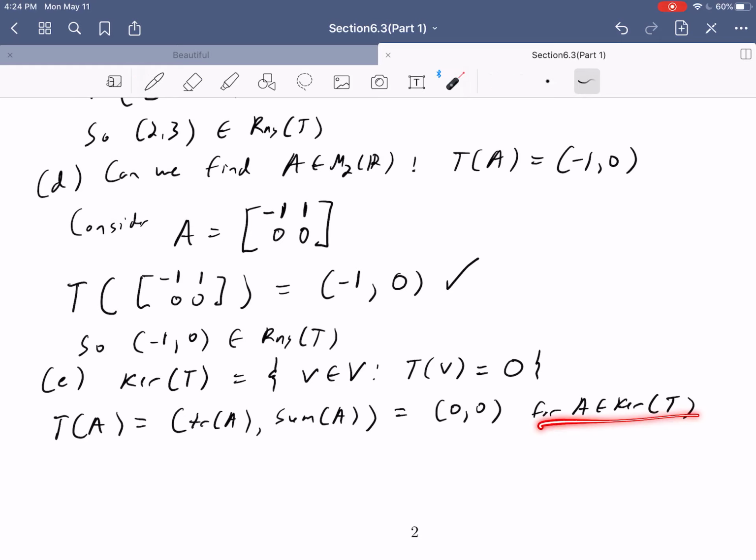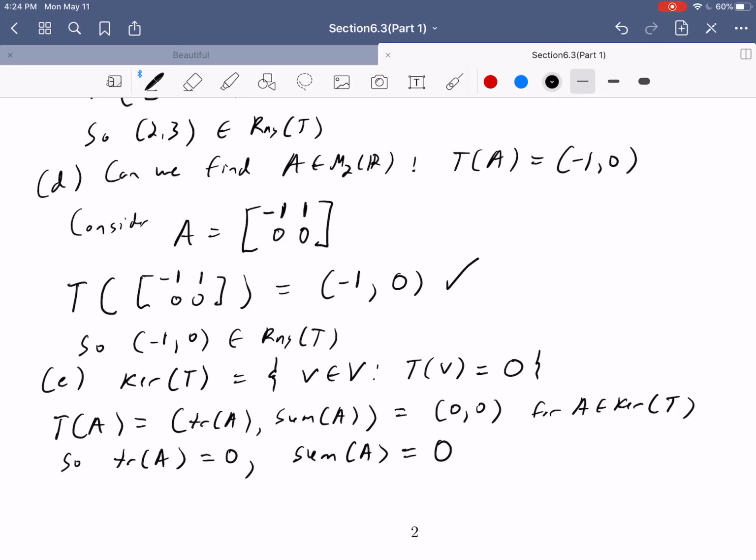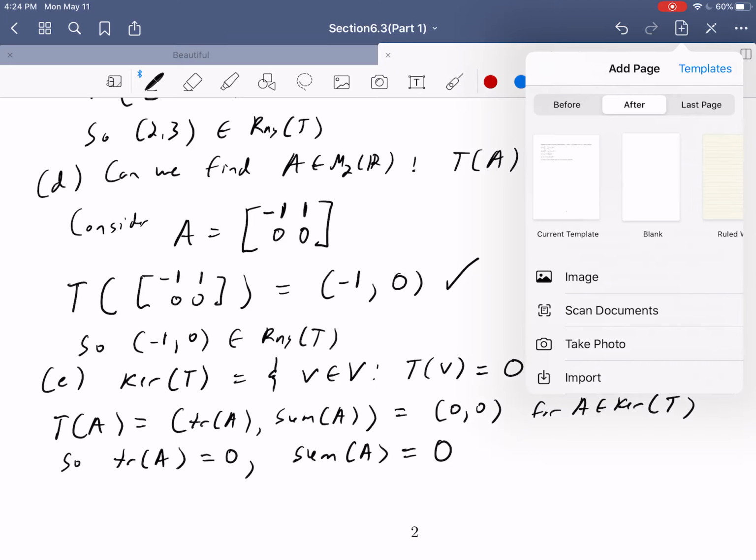Let's think about what that means. That means the trace of A needs to equal 0, and the sum of A needs to equal 0. All right, let's give ourselves a little bit more space to work with.